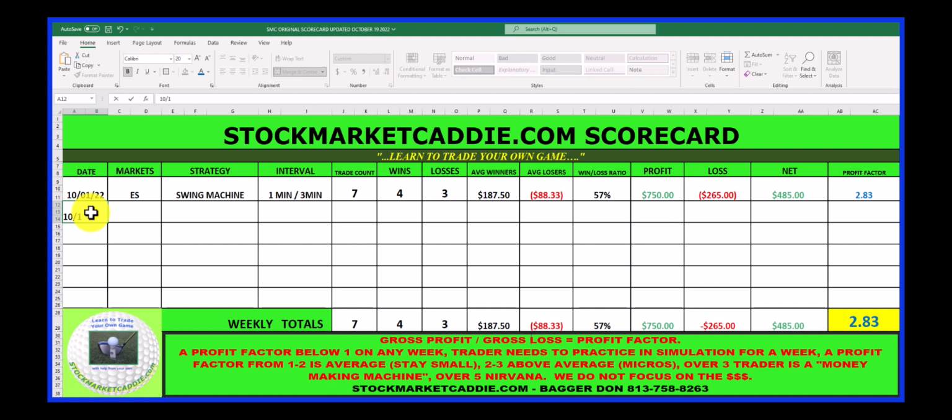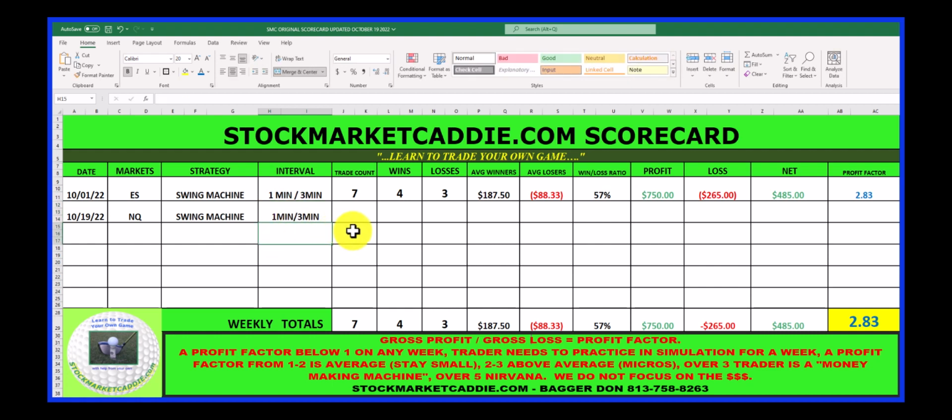I'll come in and we'll plug in a fictitious performance here. I'll plug in the date, and the market that I may have been trading, or markets. In this instance, we're going to say we're trading swing machine, which is what we've really been doing. And I'm going to say the interval is the 1 minute, 3 minute configuration.